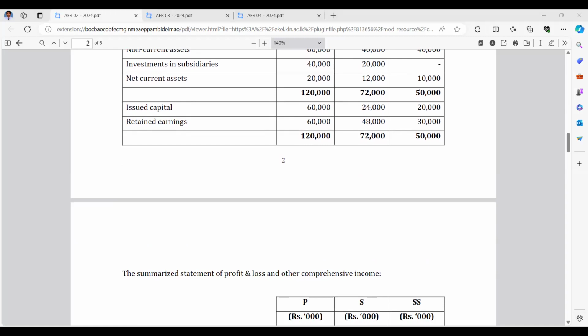The subsidiary retained earnings is 48,000, and here it is 30,000.